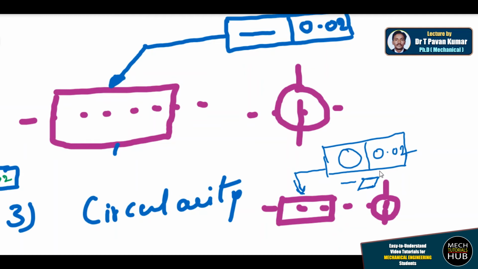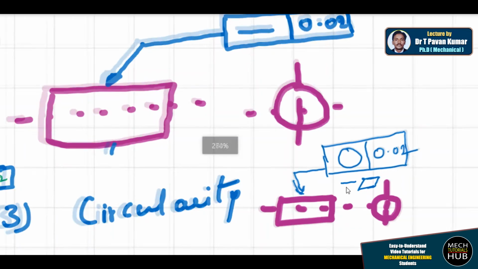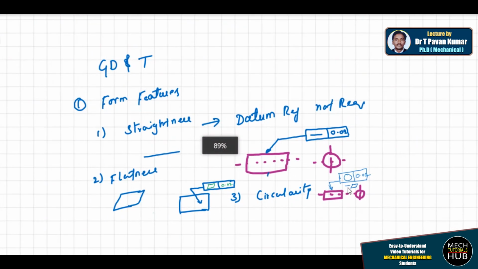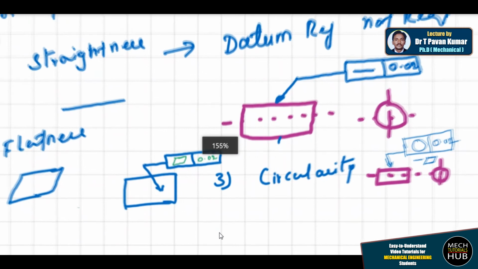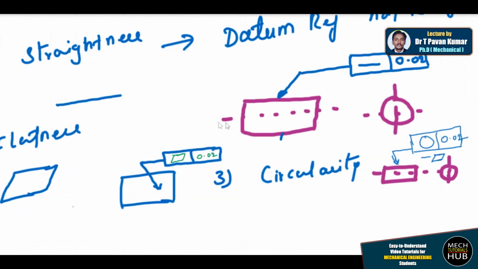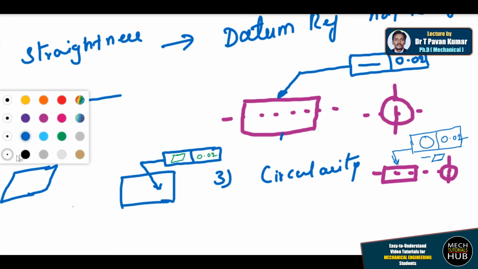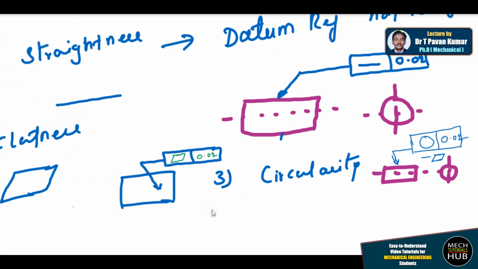That is important. And coming to the fourth form feature, number 4, let me write it down here. After circularity, cylindricity is one more.